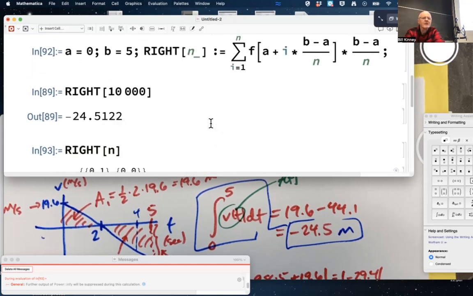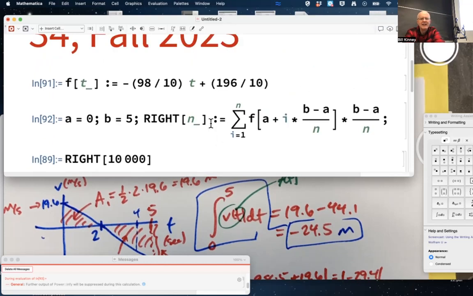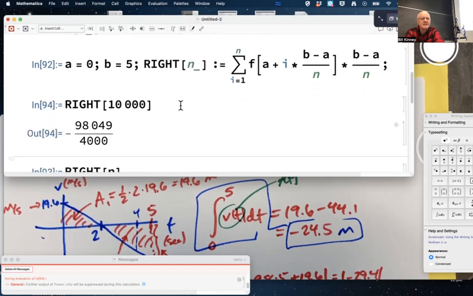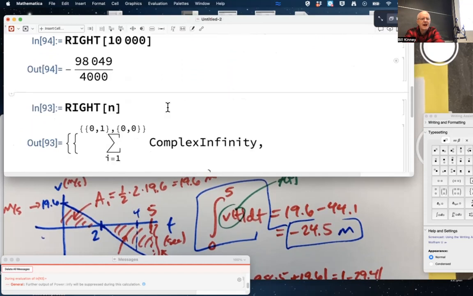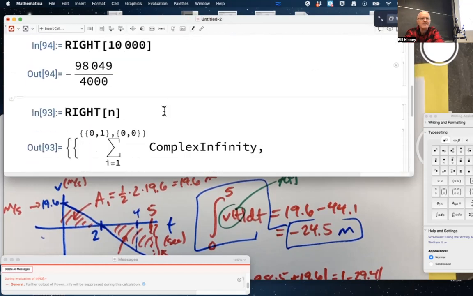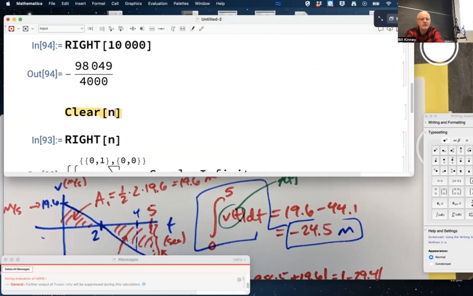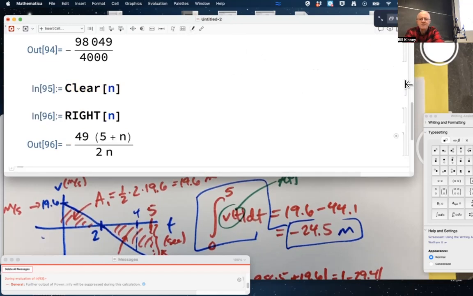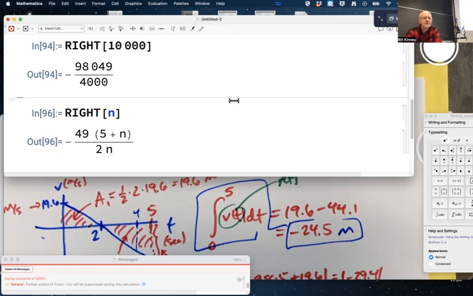No, okay. When that kind of thing happens, that means something probably has saved in memory. It's interesting that this is working, but that's not, because this usually works. Well, maybe n is saved in memory. Let me try clearing n. Okay, that worked. That's what right of n simplifies to.